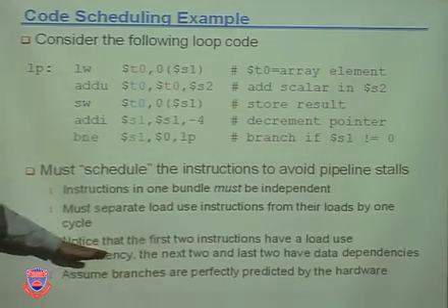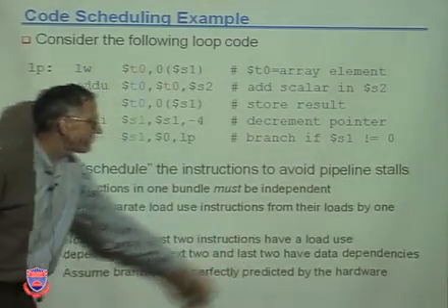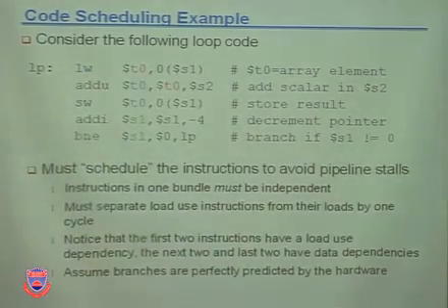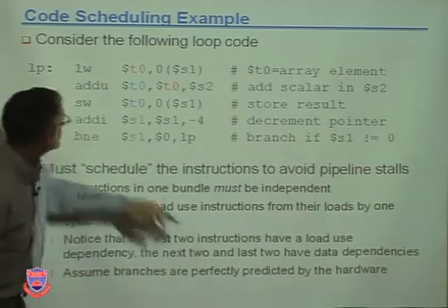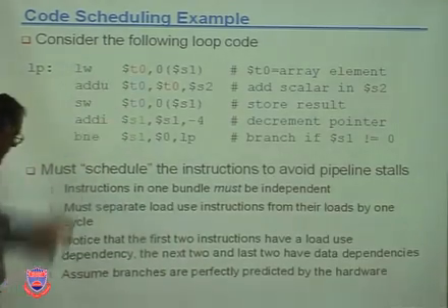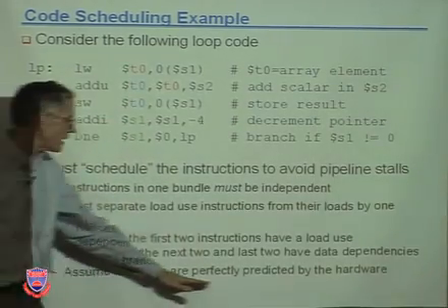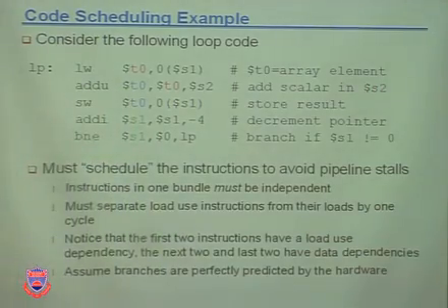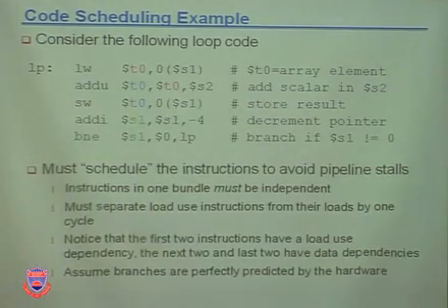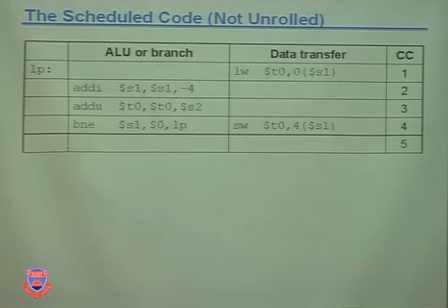I must notice that the first two instructions have a load use problem. I already did that. And the next two and the last two have data dependencies there and there. And I should assume that branches are always perfectly predicted by the branch prediction hardware. And so that leads me to the following set of scheduling.